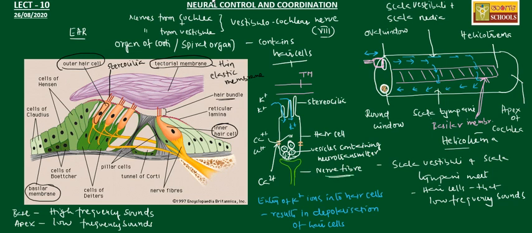So this is how the nerve impulses, or the action potentials, are generated in the nerve fibers that are supplied to the hair cells. Whenever the basilar membrane moves, the hair cells will be pressed against the tectorial membrane, and that results in opening of the potassium ion channels through which the potassium ions enter into the hair cell, depolarizing the hair cell.